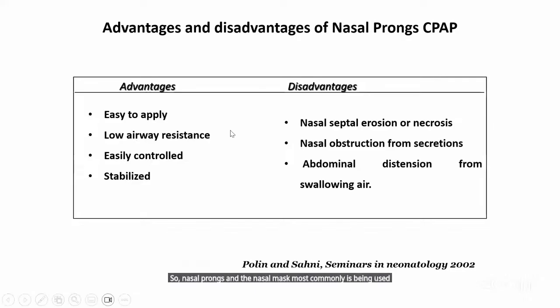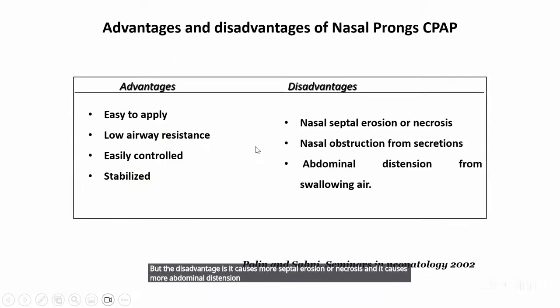Both have their own advantages and disadvantages. Nasal prongs are very easy to apply, and they should be snugly fitted, and they provide a better positive pressure. But the disadvantage is that they cause more septal erosion or necrosis, and more abdominal distension.